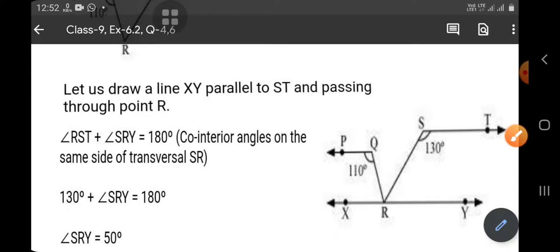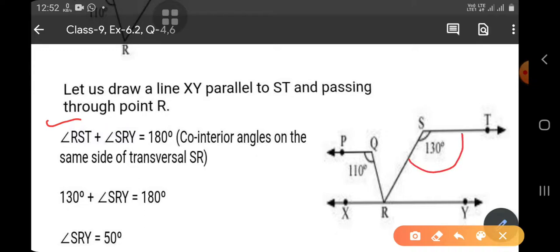Angle RST, this angle, and angle SRY, this angle: since these two lines are parallel, these two angles will be co-interior angles, and the sum of these two angles will be 180 degree.